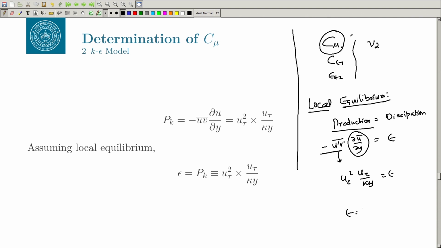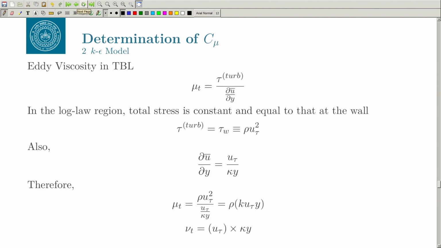So, epsilon is nothing but u tau cubed by kappa y. That is one definition of your dissipation rate by going with the local equilibrium. This is a very important assumption, and actually it fails in many regions, and that is why your model is not behaving correctly. So, we are assuming your dissipation rate is equal to the production of the kinetic energy, right.